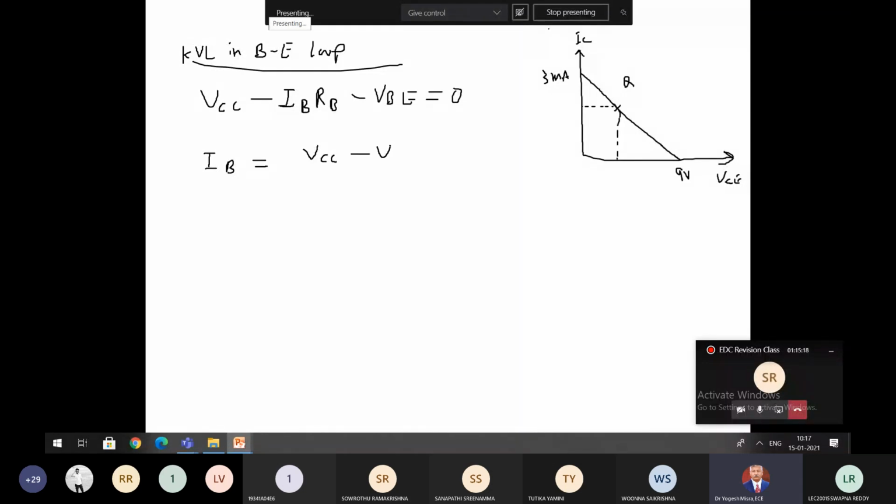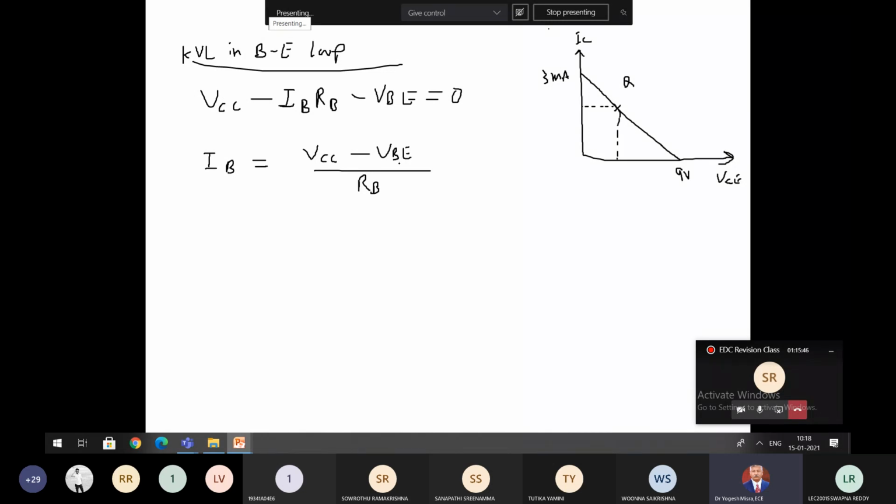VCC minus VBE divided by RB. Since in this question it is not given what type of transistor this is, you can neglect VBE. If it is given that it is a silicon transistor, then VBE you put in this expression as 0.7. If germanium is given, then in place of VBE you can put 0.3.